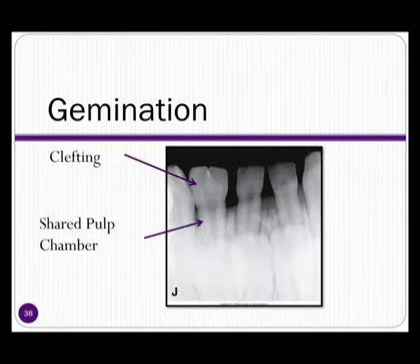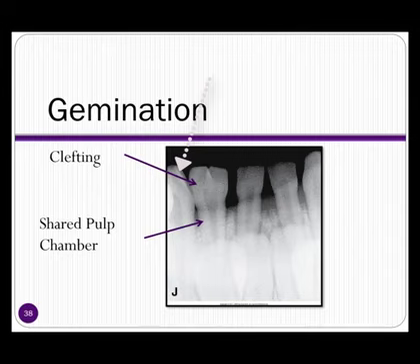So here we have an x-ray of a geminated tooth. This is a tooth that tried to divide unsuccessfully. So these are primary teeth, and these two are the mandibular central incisors that are still growing inside the jaw. The geminated tooth is a mandibular lateral incisor, and this one is a canine.